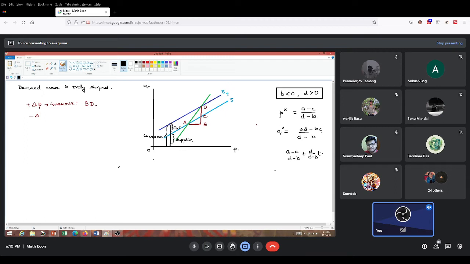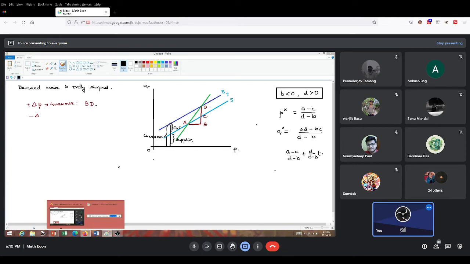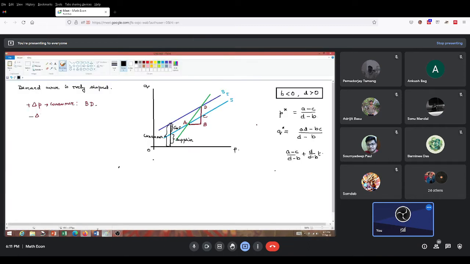And BC is going to the government. Okay, is this clear now?